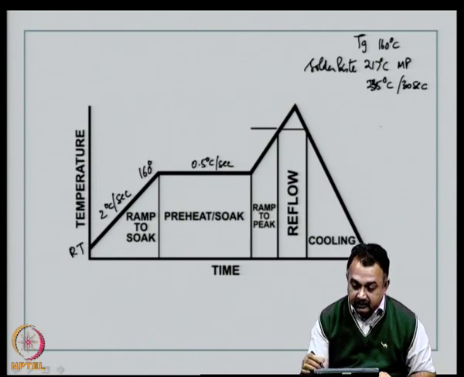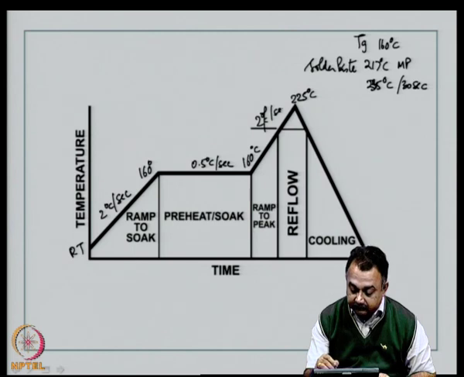Then from 160 if you set the peak reflow to 225, there is no residence time as such. So, from 160 to 225 is your ramp up time at the rate of, let us say 2 degrees centigrade per second.